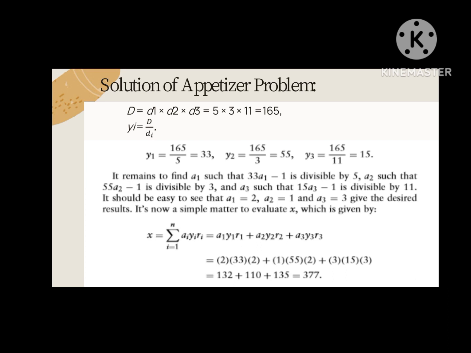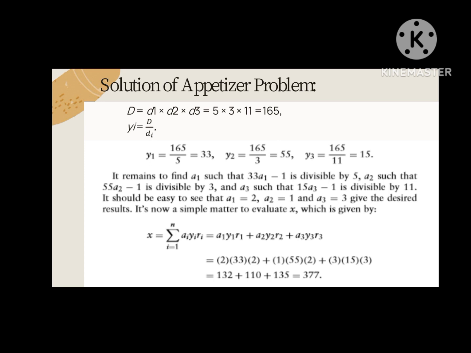Solution of the appetizer problem. D is D1 times D2 times D3, which equals 5 times 3 times 11. This is 165. Yi is D over Di.